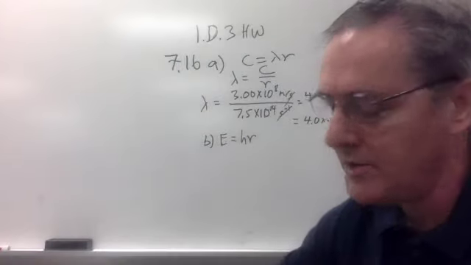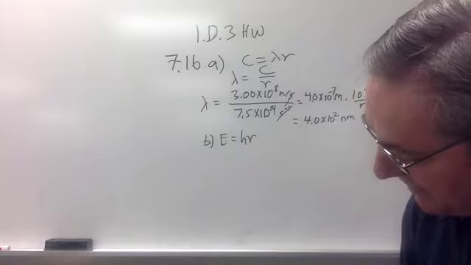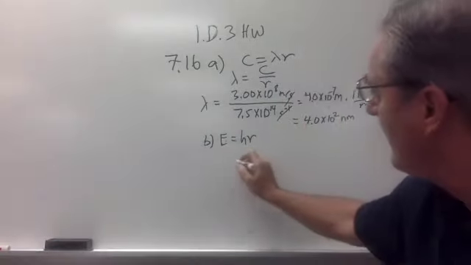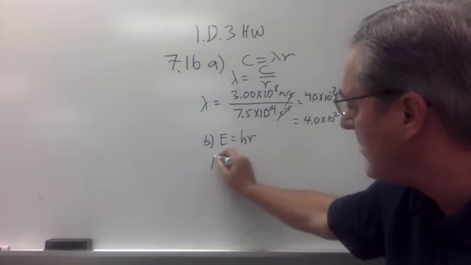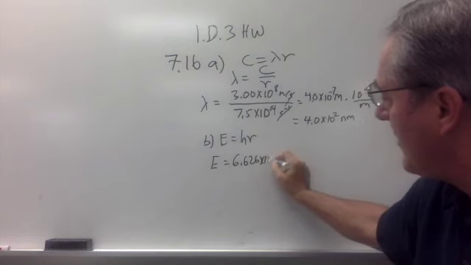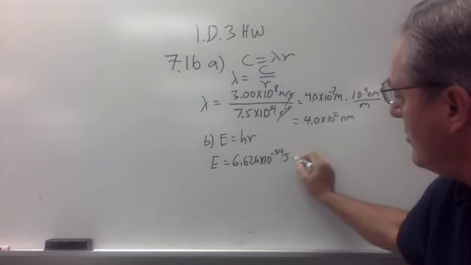The second part of the question says calculate the energy in joules of a single photon. So we use E equals h nu. h is 6.626 times 10 to the minus 34 joule seconds.